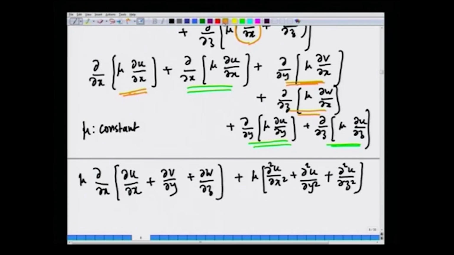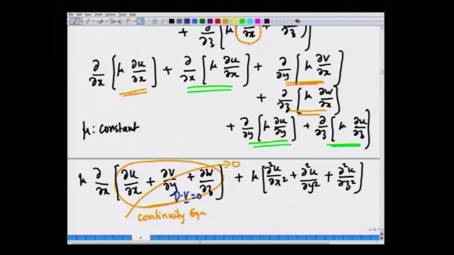Now, this term is identically 0 from the continuity equation. The mass conservation equation says this is identically partial u partial x plus partial v partial y plus partial w partial z, which is nothing but del dot v, and that is 0.